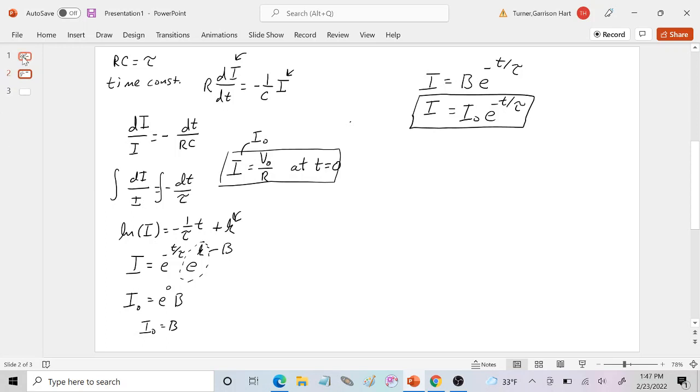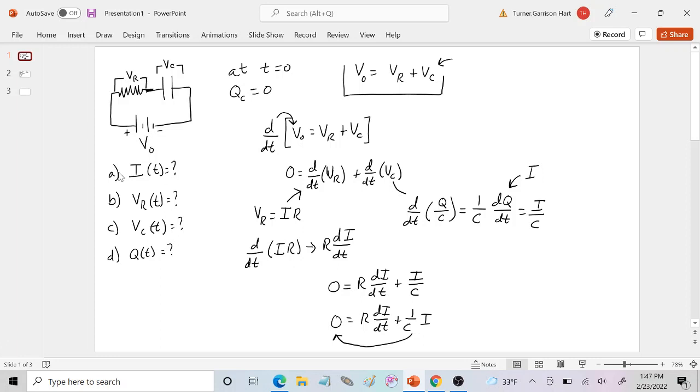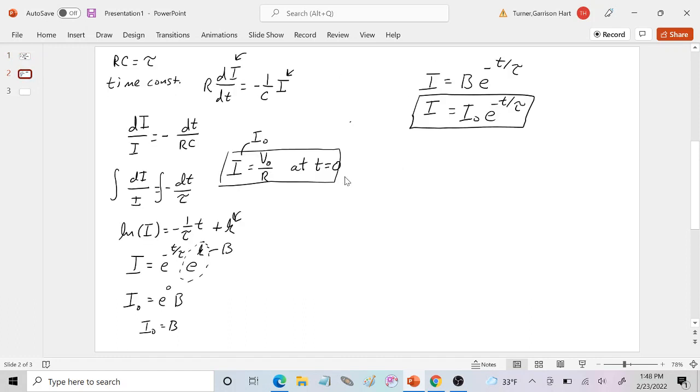Now, what was the next one we wanted to look at? We also wanted to see what is the potential across the resistor. So this is B, what is the potential across the resistor? Well, the potential across the resistor is just going to be IR.